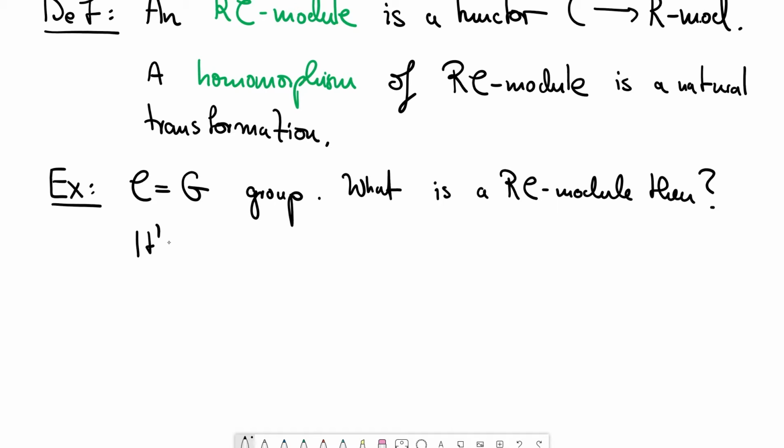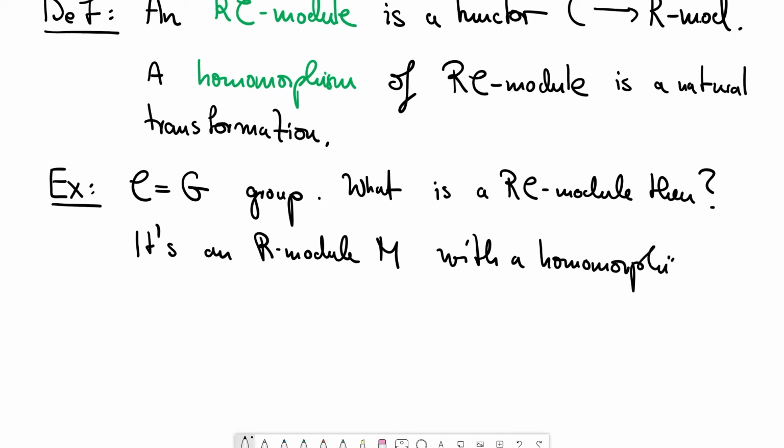Therefore, it's an R module M, but together with a homomorphism from the group to the automorphisms of M. Because a functor also maps arrows, the morphisms, to morphisms of R modules.